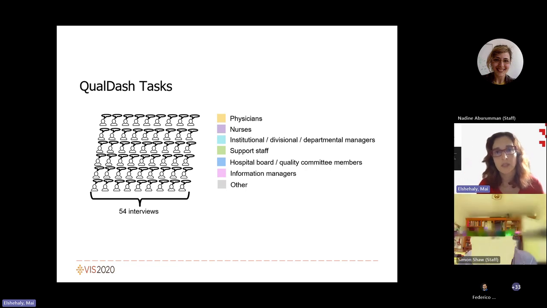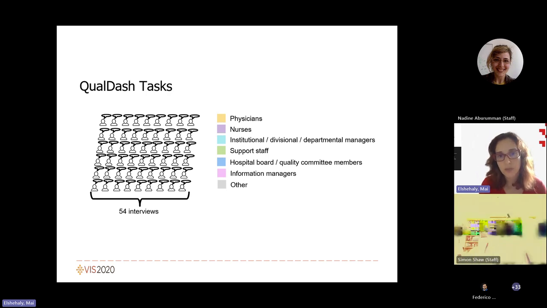And then we started looking at further defining the context of decision making and the tasks of the decision makers who were making those decisions in those different contexts. So we interviewed 54 people, including physicians, nurses, department managers, support staff, hospital board members, and information managers, and other roles within the trusts.